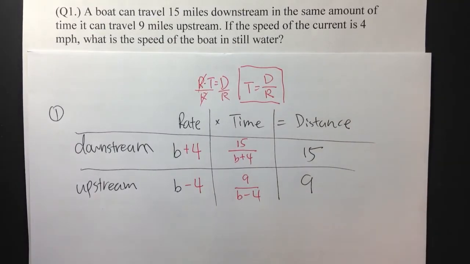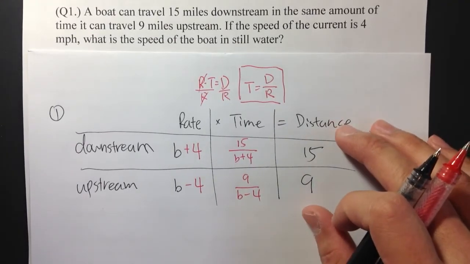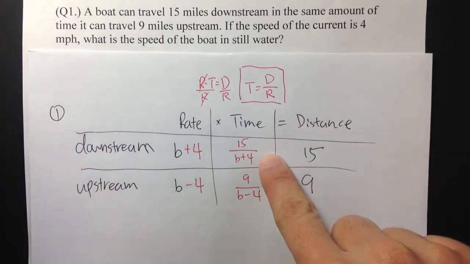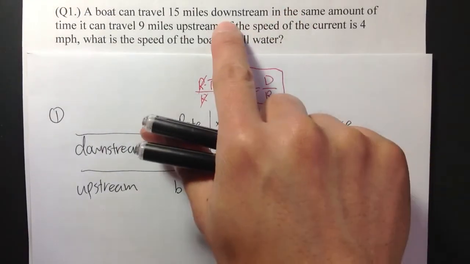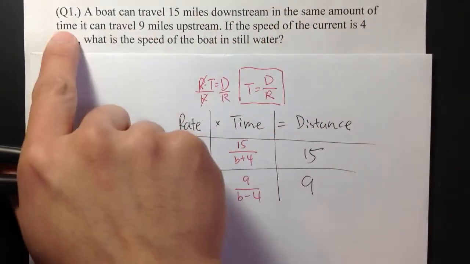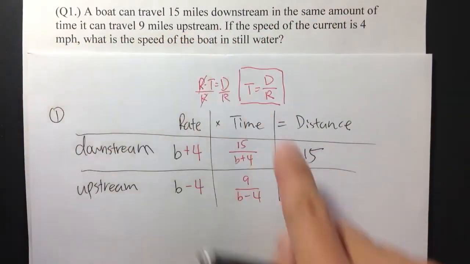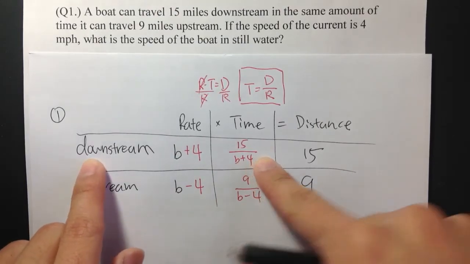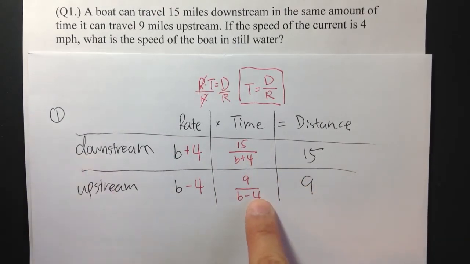Now let's see how we can come up with an equation. How are these two things related? It says downstream in the same amount of time as going upstream. So this represents the time that it took to go downstream, and this represents the time that the boat took to go upstream.